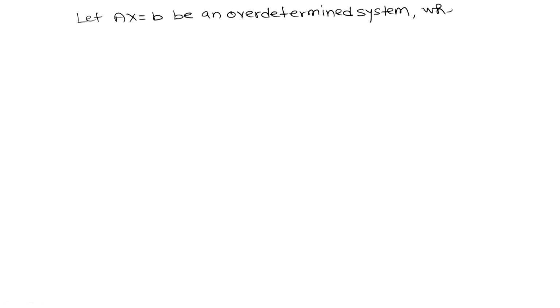So, let Ax equals to B be an overdetermined system where A is a m by n matrix with m greater than equals to n, because it is an overdetermined system.